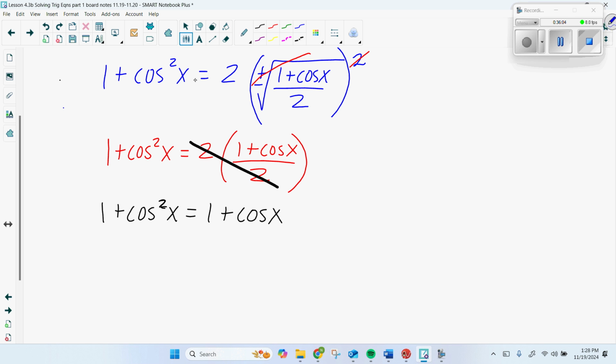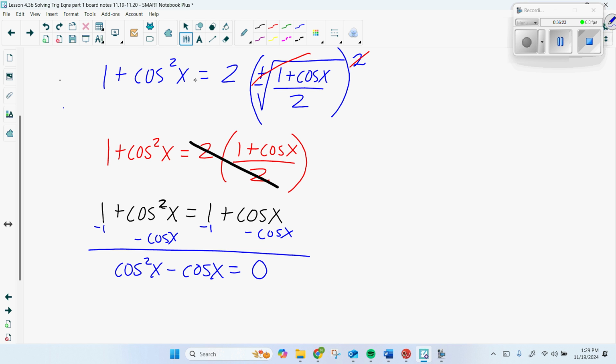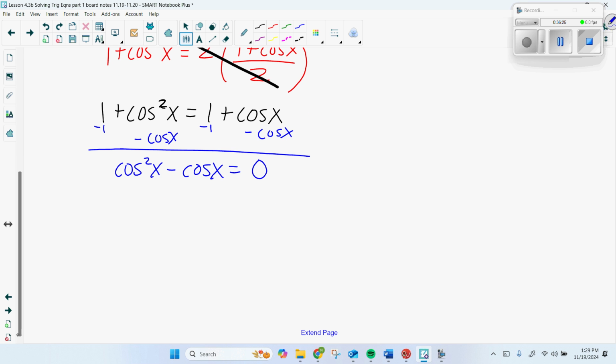I'm going to move the right side to the left side, just because I like leaving the squared positive. But conveniently, the 1's go away, because I subtract 1, and then I'll subtract cosine. So I'm going to have cosine squared x minus cosine x equals 0. This is actually not too bad because I don't even have to do a trinomial thing.